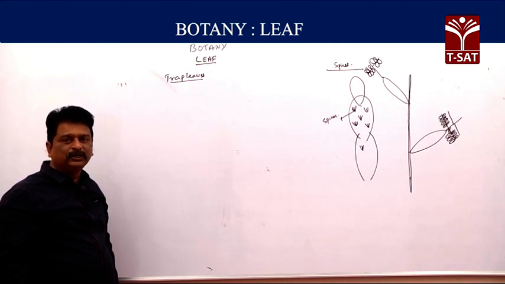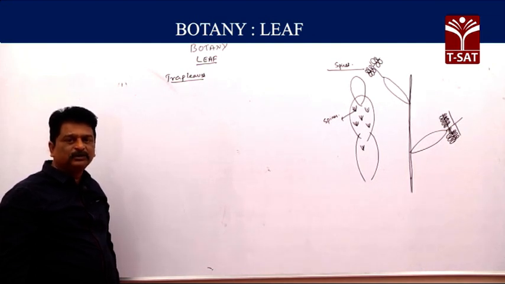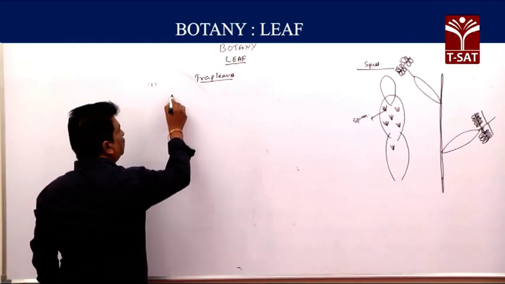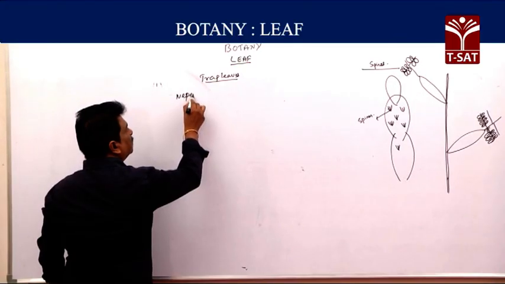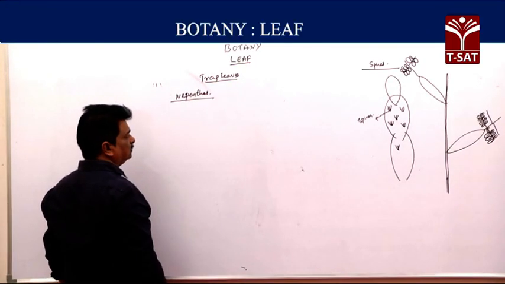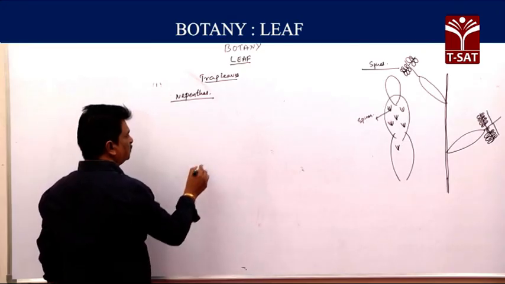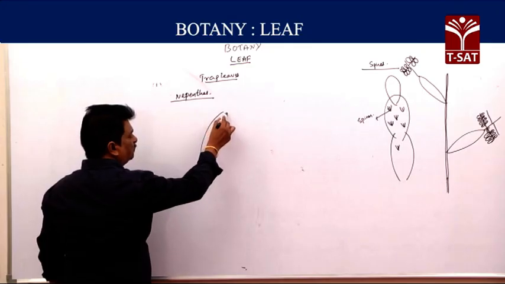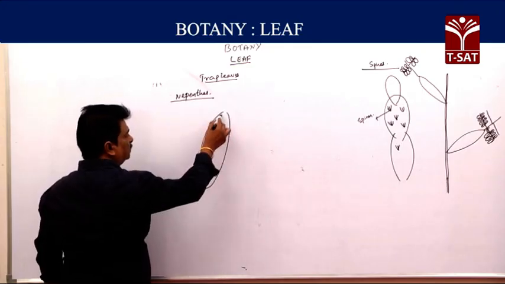Such modified leaves are called trap leaves. Example for trap leaves, Nepenthes, and the common name for Nepenthes is pitcher plant. And in Nepenthes, all parts of the leaf are modified.